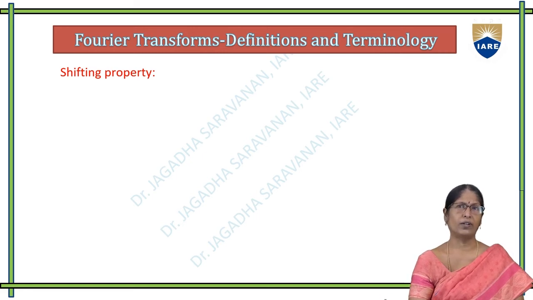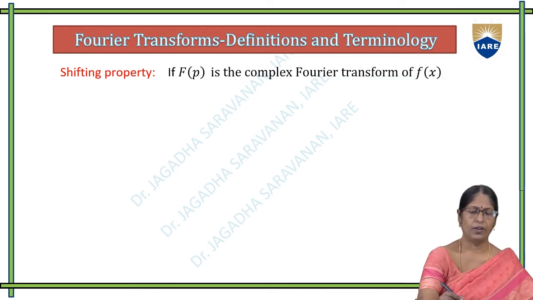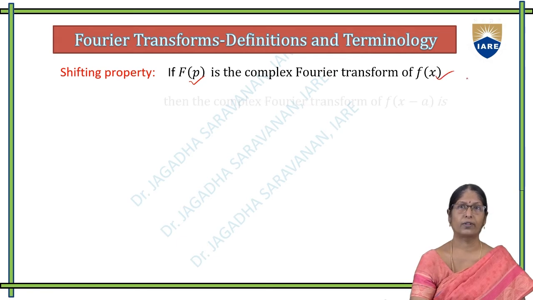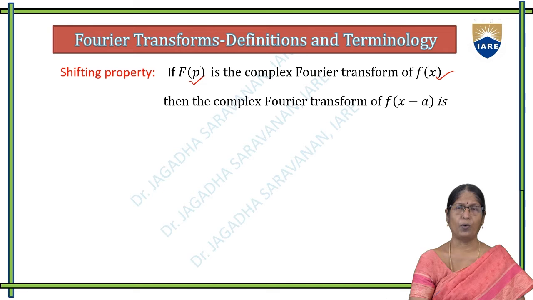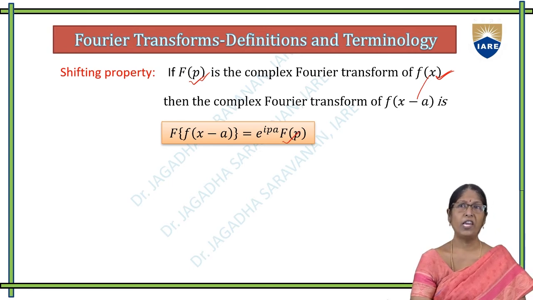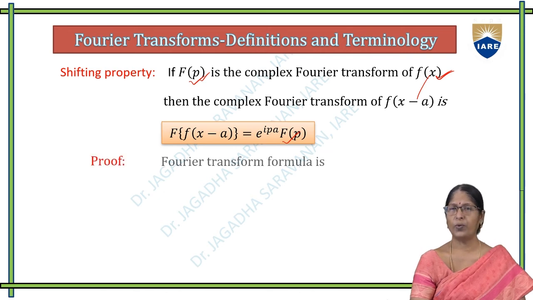If capital F of p is the complex Fourier transform of f of x, then instead of x, if we have x minus a, our Fourier transform is multiplied by e power ipa.